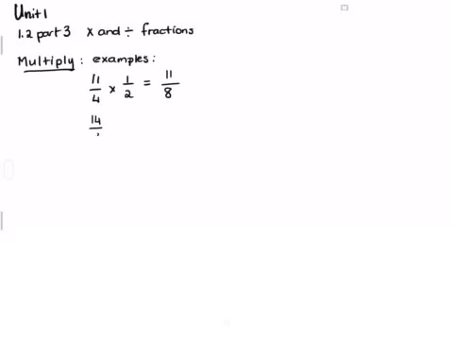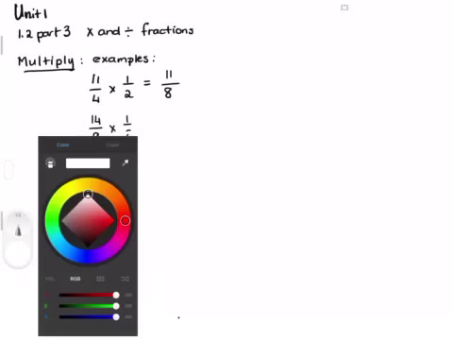Sometimes we can do some simplification before we do the multiplying. So in this case, I can say, oh, wait a minute, 2 can go into itself once.